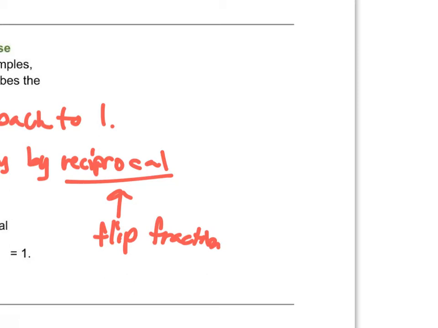If I take 5, what's 5 as a fraction? 5 over 1, right? Now check this out. If I wanted to multiply this by some number to get 1, then I would have to multiply this by 1 over 5.